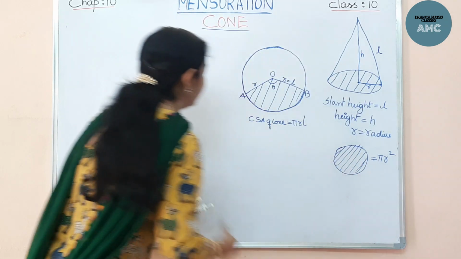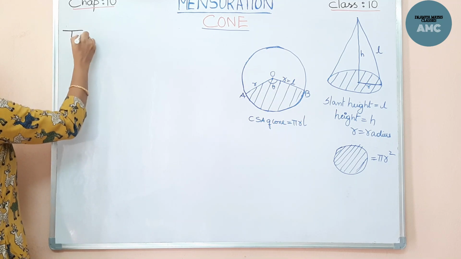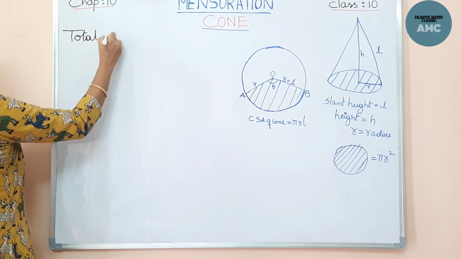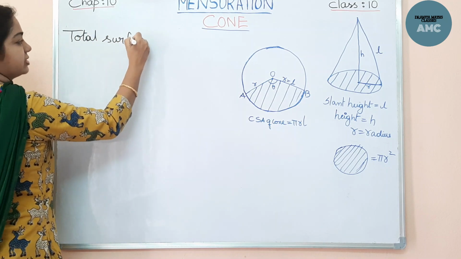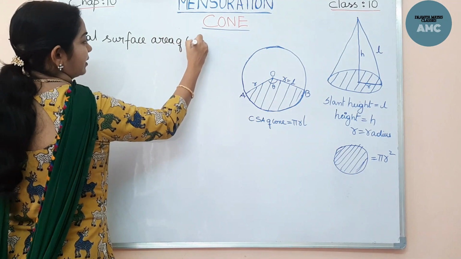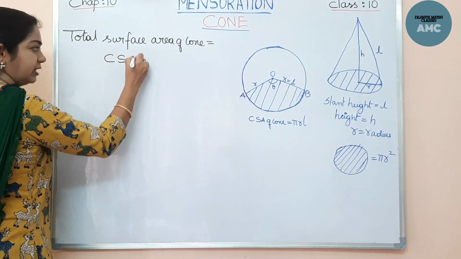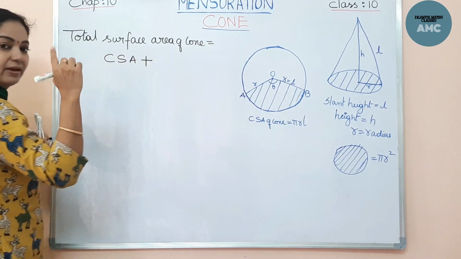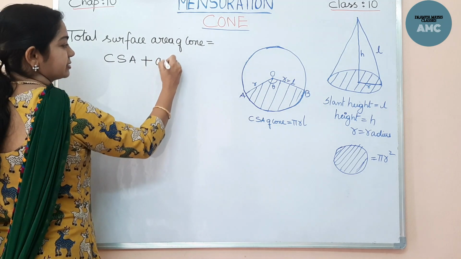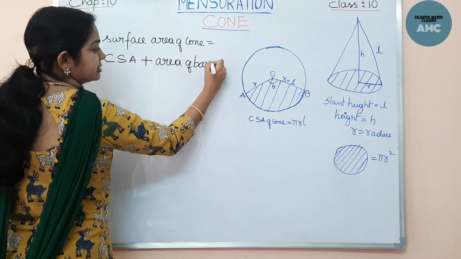So adding them we get the TSA, right? The total surface area of cone is equal to the curved surface area plus the area of the base. Here the base is the circle.